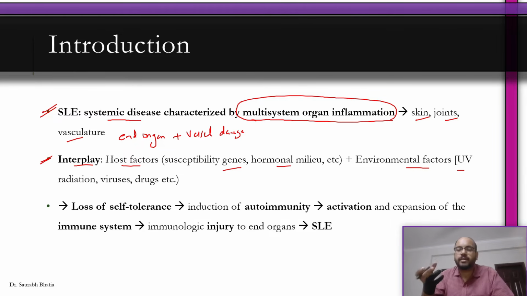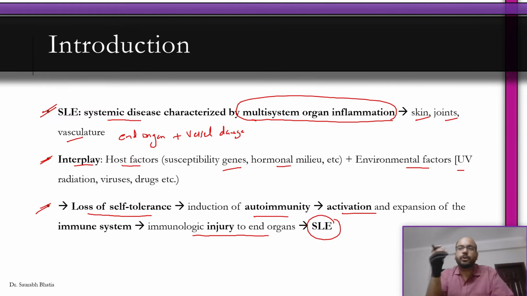So all of these triggers from the environment, in a genetically susceptible individual, cause SLE. Essentially, SLE is characterized by loss of self-tolerance, which leads to induction of autoimmunity, which leads to activation and expansion of the immune system, which leads to immunological injury to end organs, and clinically we have SLE.